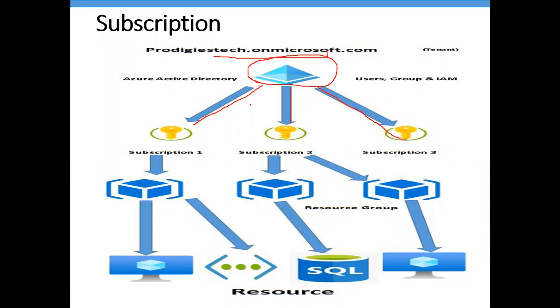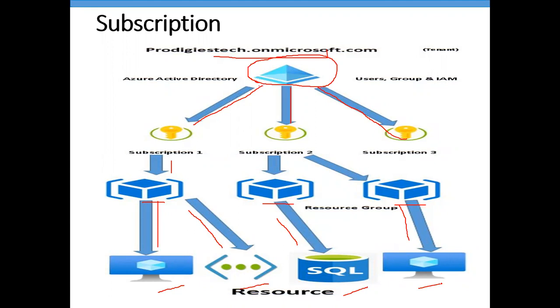So under our Azure Active Directory, we are getting subscriptions. Under our subscription, what are we going to create? We are going to create a resource group. Under our resource group, we are going to create our resources: virtual machine, virtual network, databases.